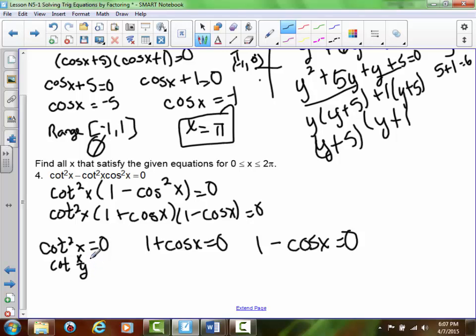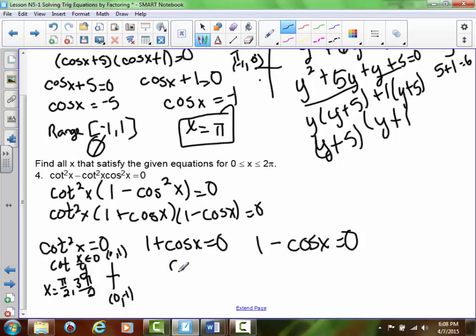So it's going to be where x is actually 0, and that happens at pi over 2 and 3 pi over 2.